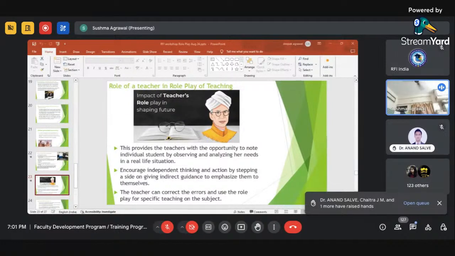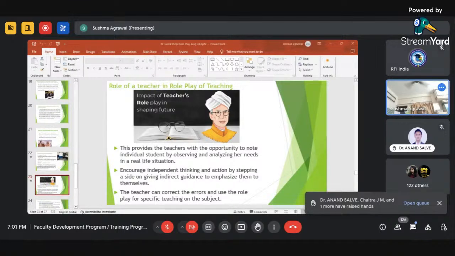Finally, it becomes our responsibility to make the student understand not only the academic world, but real life conditions. It encourages independent thinking and action by stepping aside and giving indirect guidance.